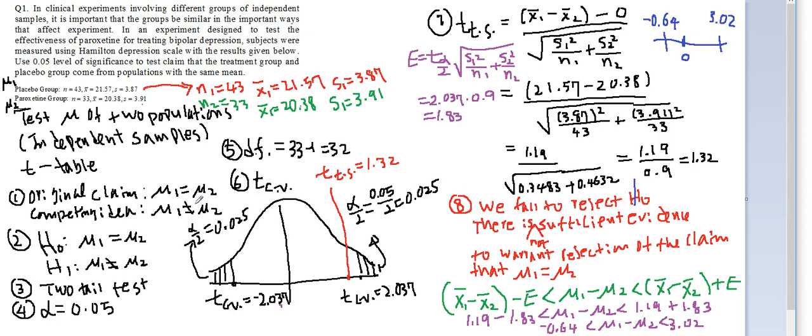Just like when you find out the result from the hypothesis test, the confidence interval also can tell you whether the null hypothesis is true or not, by looking at the interval and seeing if it contains a 0 or not. So if the interval contains a 0, you fail to reject. Nothing's happening there. But if the confidence interval does not contain 0, then you can say that something's going on. The null hypothesis is not true.